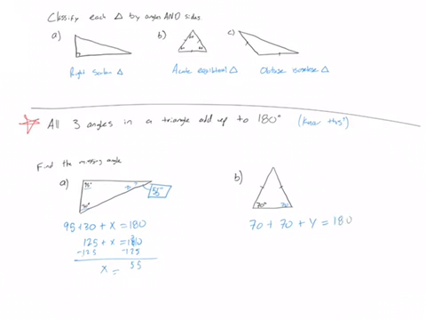So all three angles, I'm calling this one up here y, add up to 180. 70 plus 70 is 140, plus y is equal to 180. Subtract the 140. We get y is equal to 40. So this angle up here is 40 degrees. That one's 70 degrees.